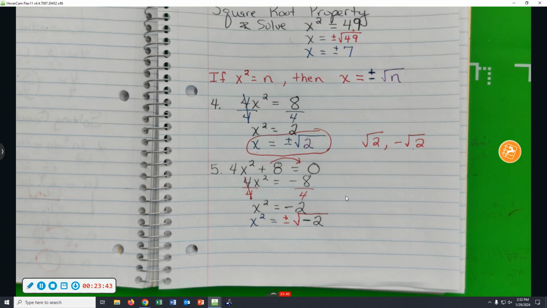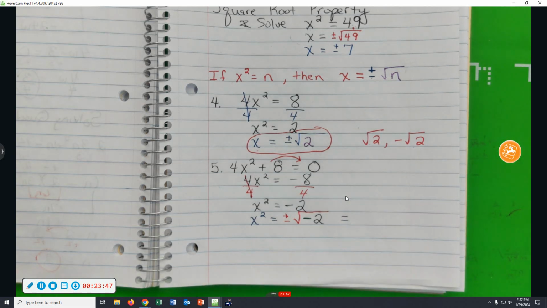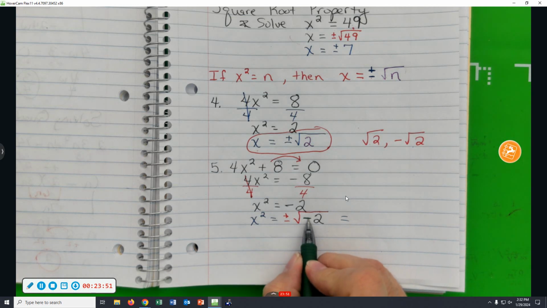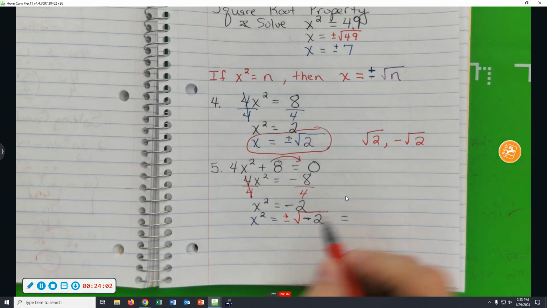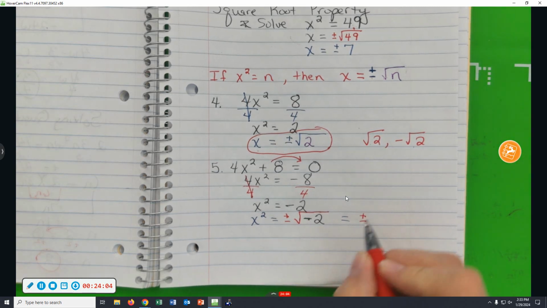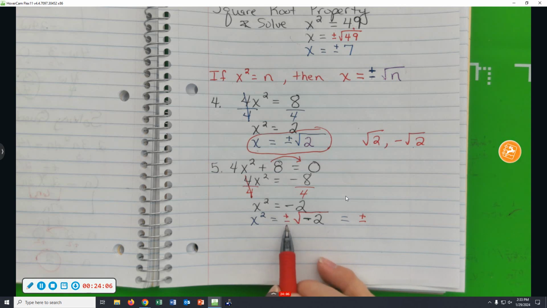What am I going to have to do with that? Well, what kind of number is a square root of a negative? I'll make a math joke and say it starts with I. Imaginary. So because of this green negative here, I've written down the red plus minus.